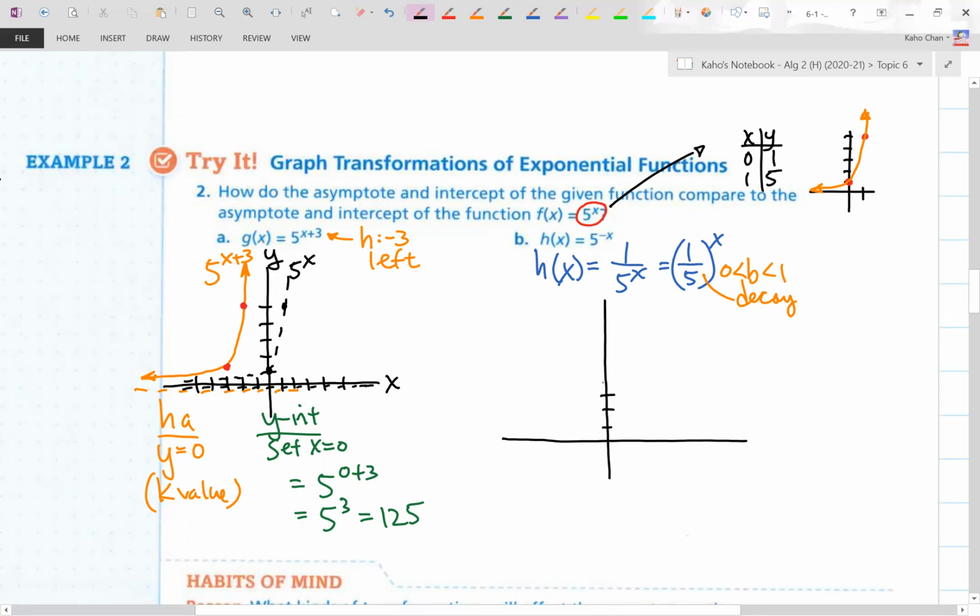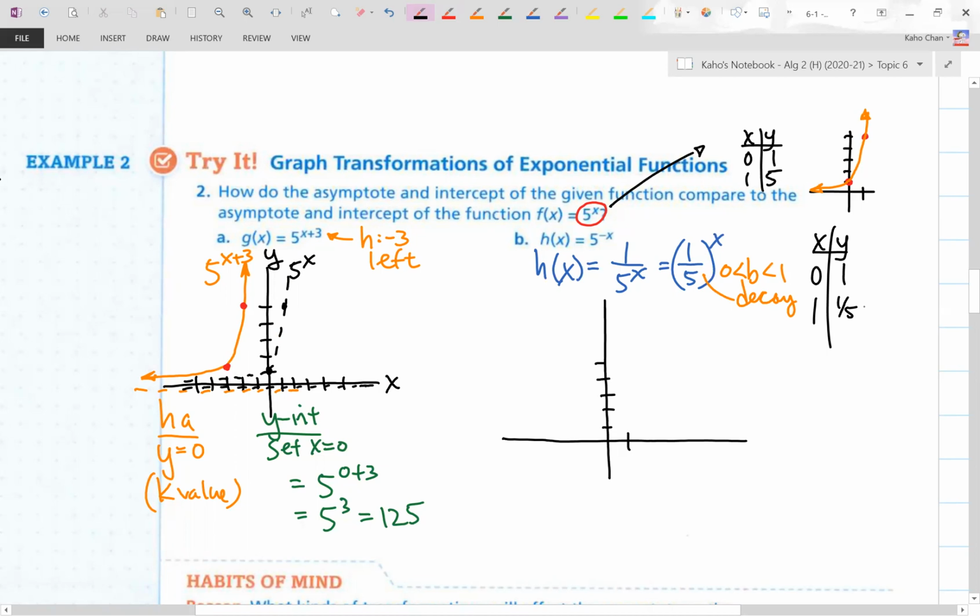1, 2, 3, 4, 5. And I'll be picking some values here for you. 0 and 1. 1/5 to the 0 power is 1. 1/5 to the first is 1/5.